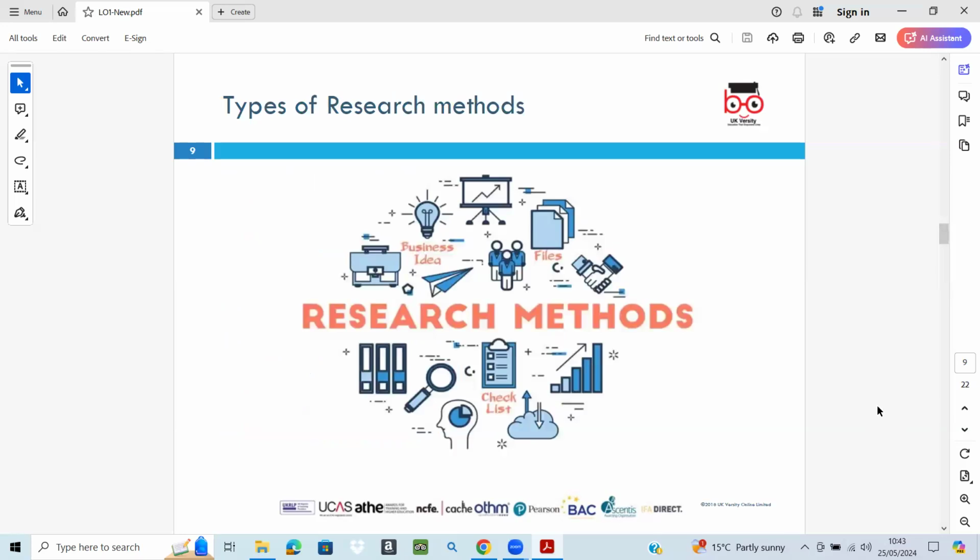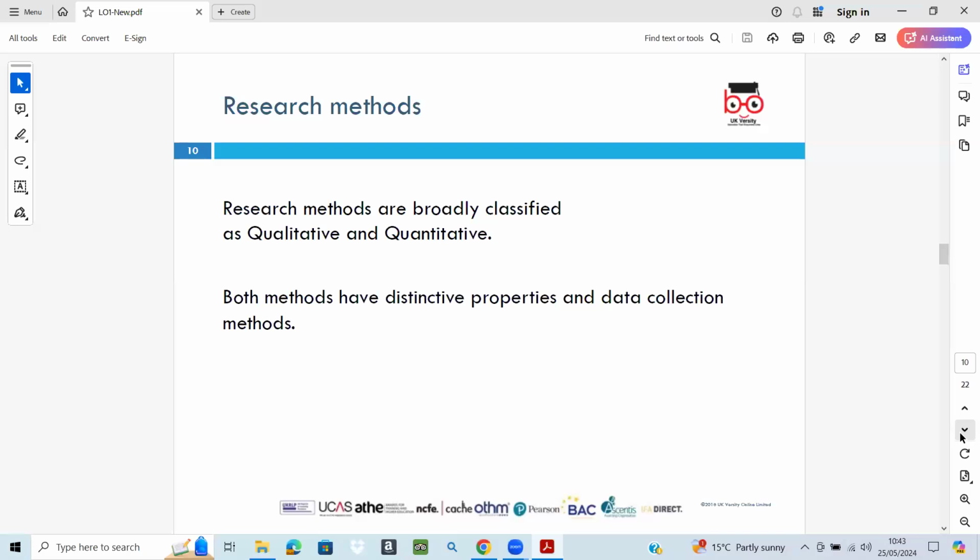And we have types of research, which we have discussed. We have the research methods. We already discussed the quantitative and qualitative data, and we also discussed mixed method.